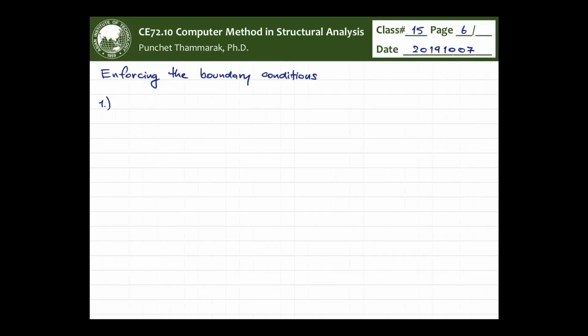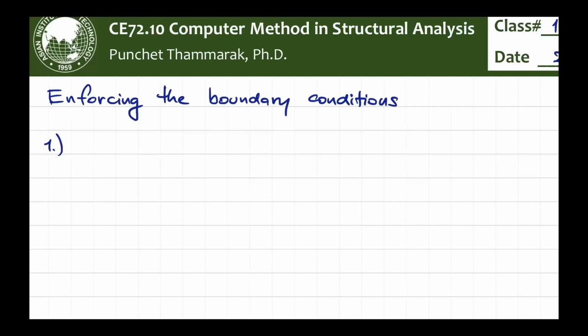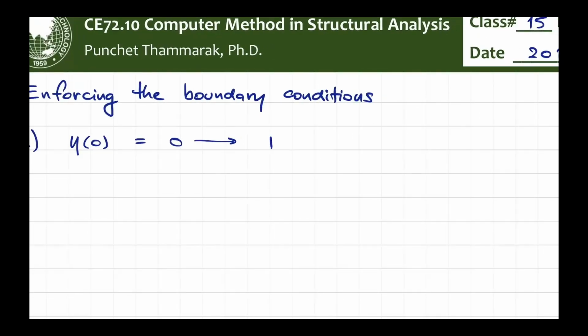So start with the first one. Well, this time it is quite easy because the boundary conditions on the left hand side are all 0. So with the first one, y at 0 equals to 0. That makes your B equals to M over P.